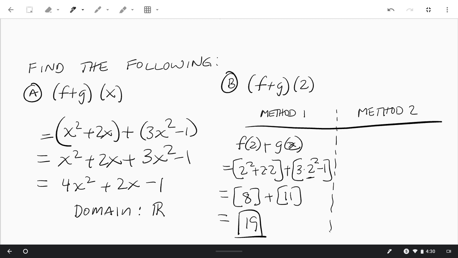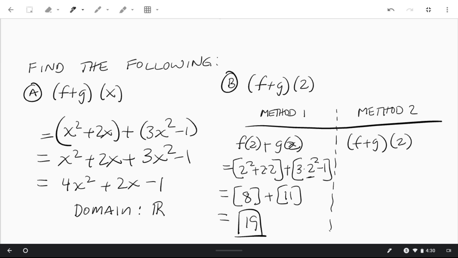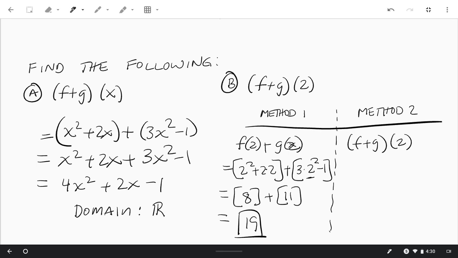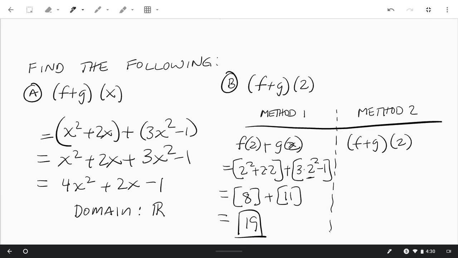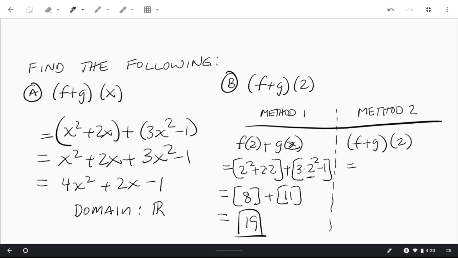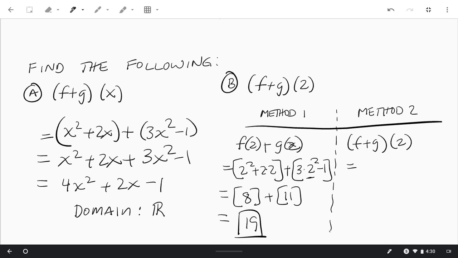Method 2 is the one where you add the two functions first and then evaluate at 2. This is like saying x squared plus 2x, that's your f function, plus your g function.